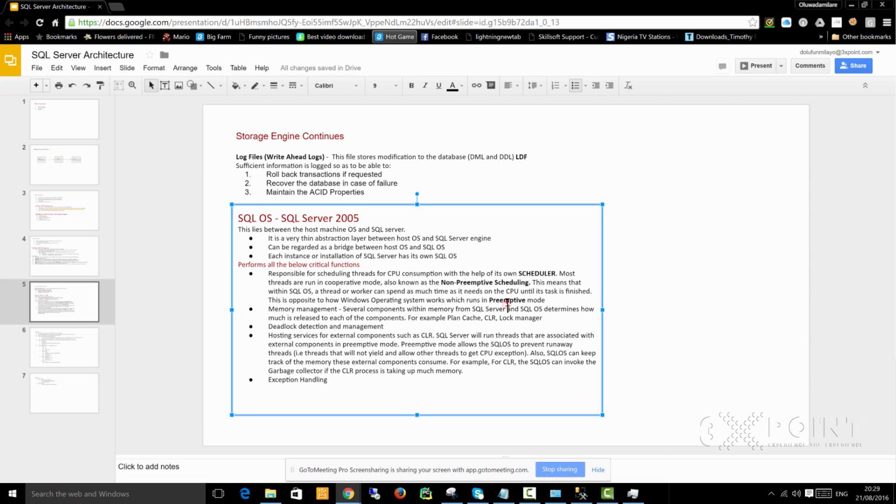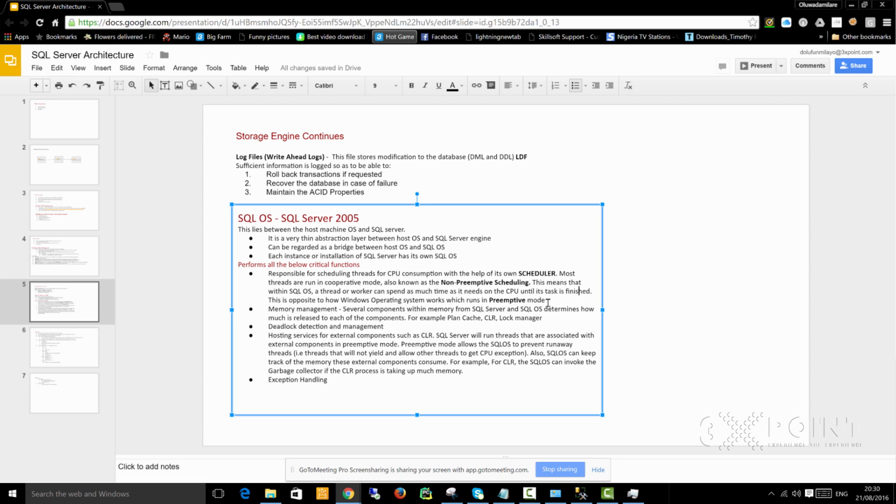Most operating systems you find out there run in the preemptive mode. Going back to what I wrote here, it means that SQL OS, which is a thread or worker, can spend as much time as it needs on the CPU until its task is finished. Now, this is the opposite of how Windows operates, which runs in preemptive mode.